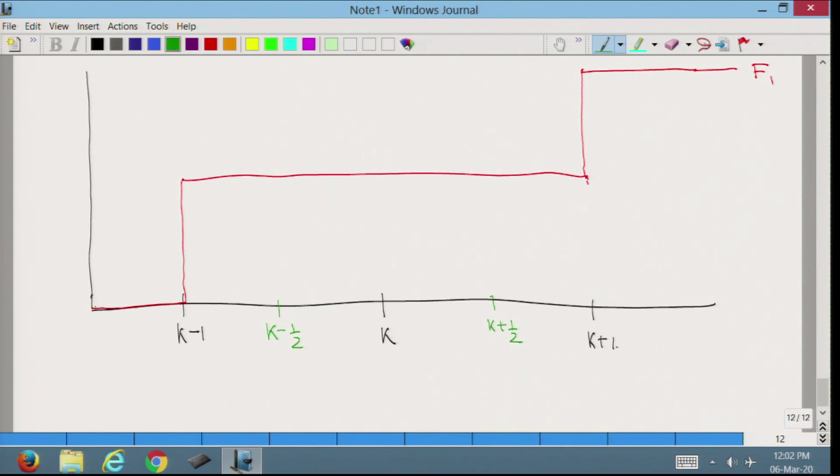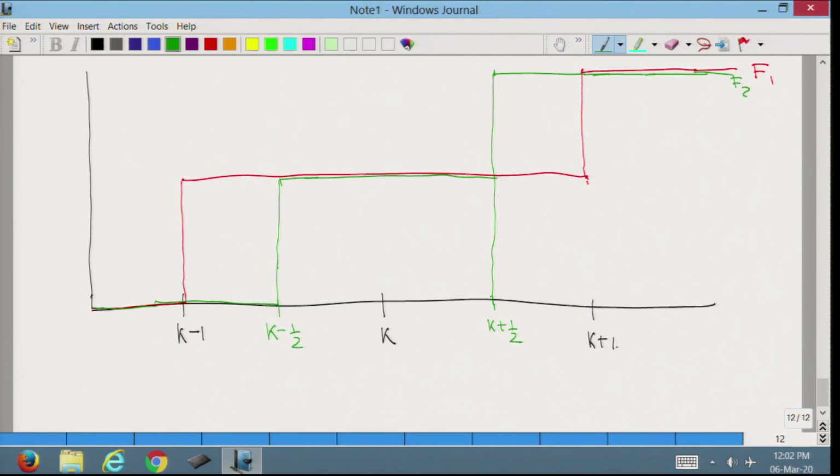Therefore, its CDF will be 0 till k minus half, it is going to be half at k minus half and it is going to be 1 at k plus half.